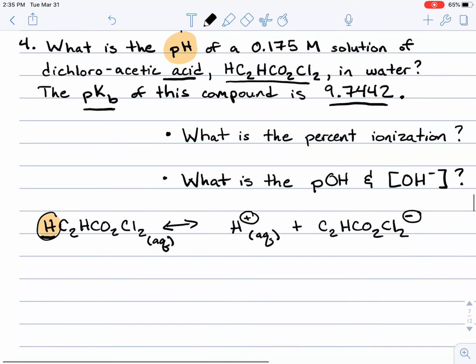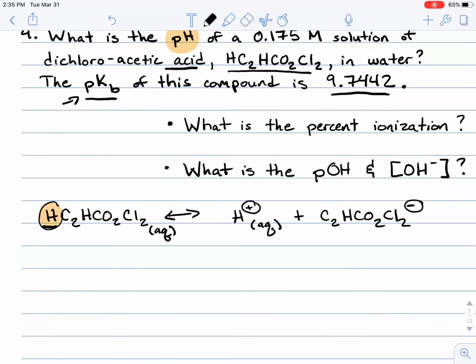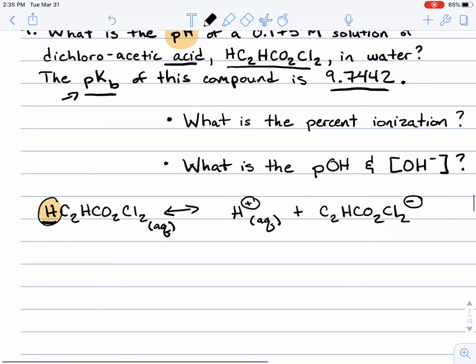Before we start working with this value, we need to take a step back and understand what's going on in our balanced chemical equation. Since this is dichloroacetic acid, when we ionize the first hydrogen in this compound, we're separating it to produce a proton and the conjugate base.